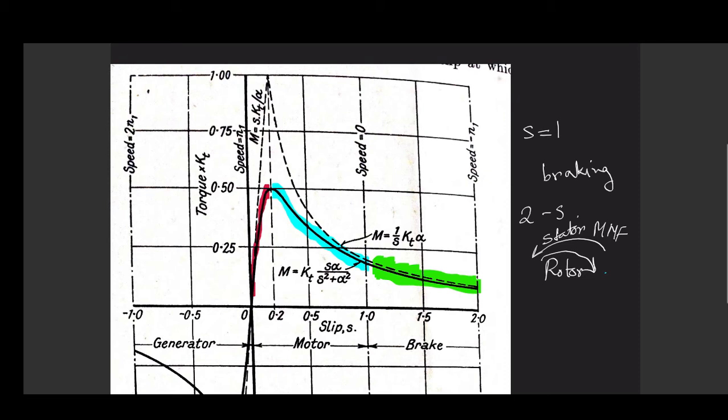Slip S will be something, because slip is always the relative speed between stator and rotor. Now as the rotor is rotating in the opposite direction, the relative speed will be added up.